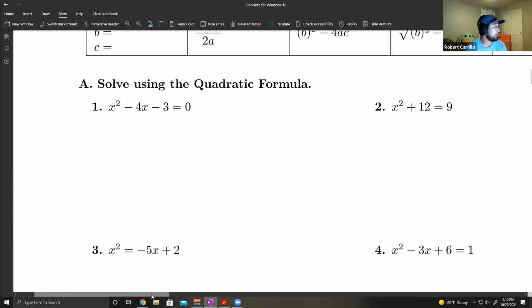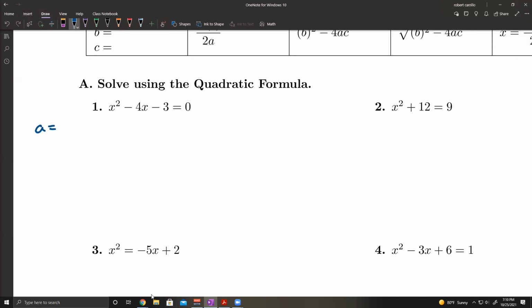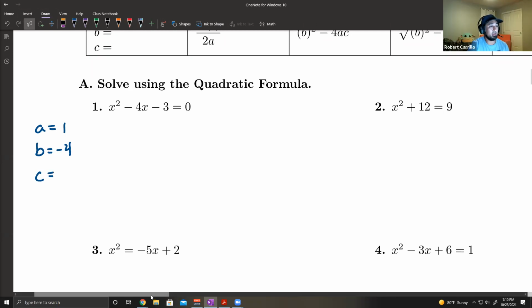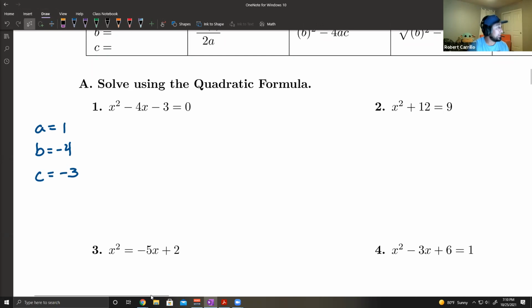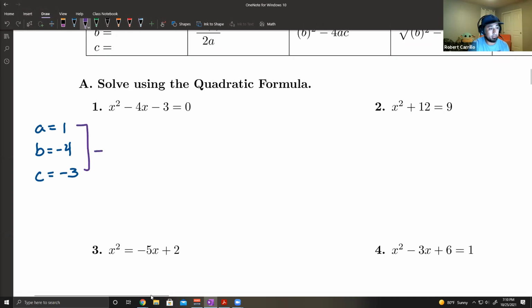Okay, look at number 1. x squared minus 4x minus 3. What is the value of a here? 1. What's the value of b? Negative 4. And what's the value of c? Negative 3. So once you know a, b, and c, go ahead and plug them into the quadratic formula.